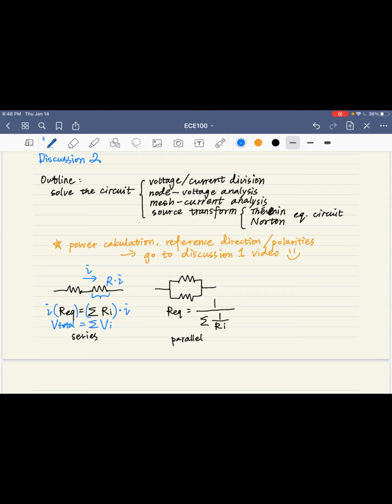So that's how we get the voltage division equation, which is the ratio of the given resistance to the total resistance, which is the equivalent resistance of the whole series, is equal to the voltage fraction of the total voltage. That's how we get this equation. We don't need to memorize it. We just need to understand it, then we can use it.